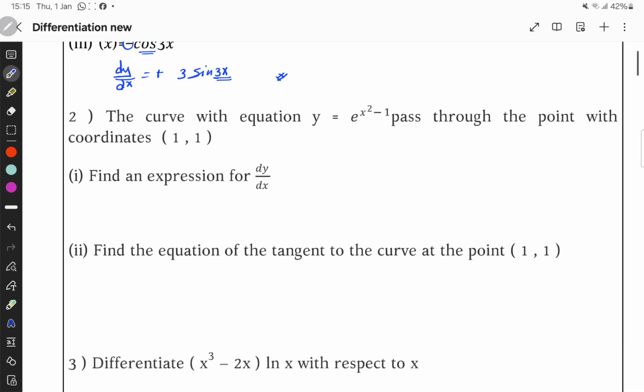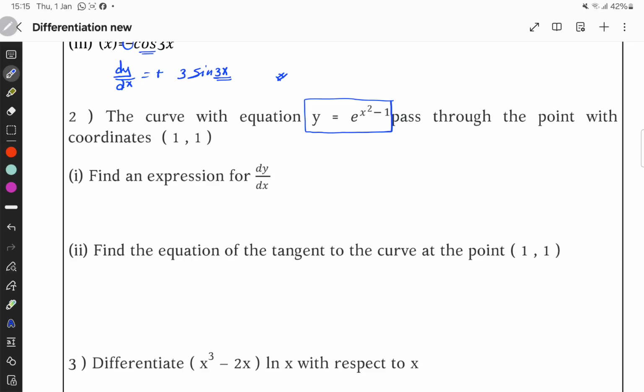In the second question, he said the curve with the equation y equals e to the power x squared minus 1 passes through the point with the coordinates 1 and 1. Letter A, find the expression for dy over dx. So to find the derivative, we just look at the function first. What is the type of that function?